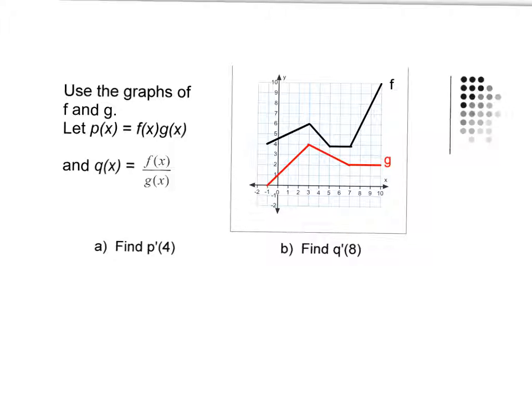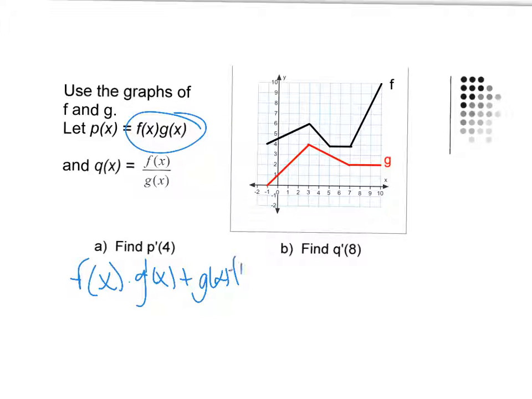So I just want to remind you that for the product rule, if you're multiplying two functions, you would actually want to find f of x times g prime of x, we're just using the product rule here because they're giving us a product, plus g of x times f prime of x.